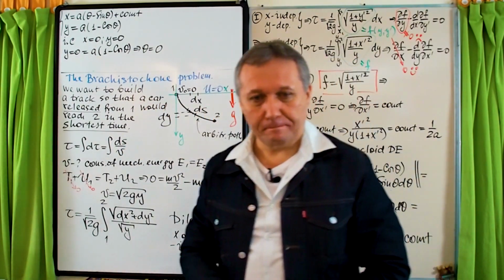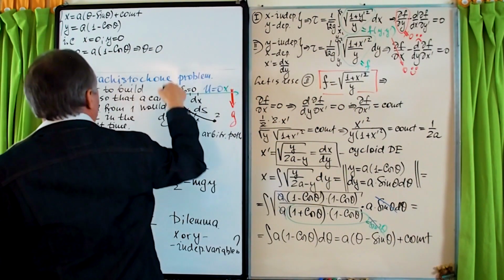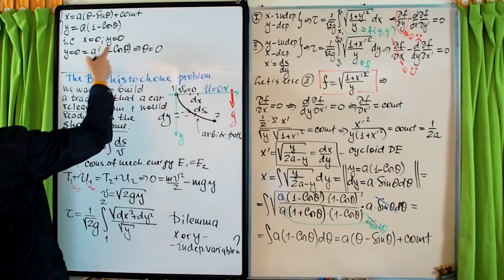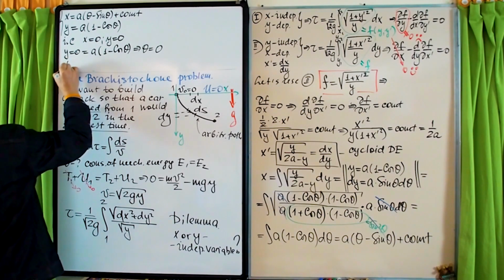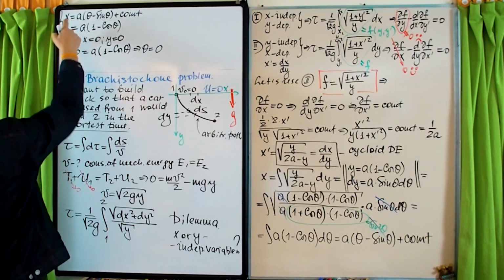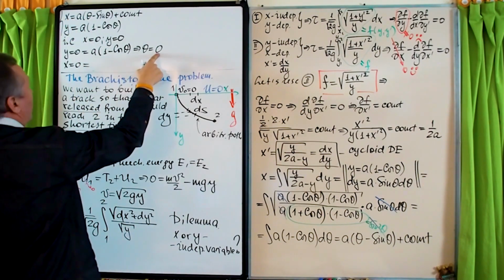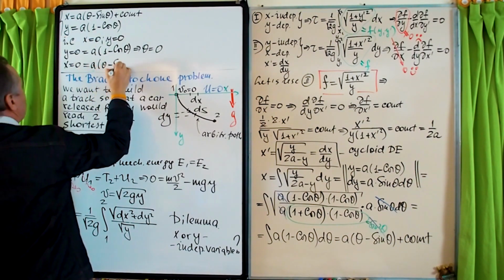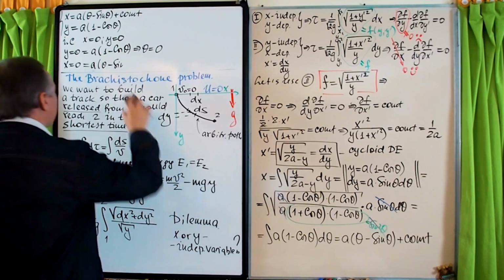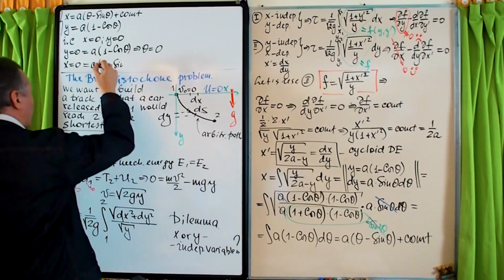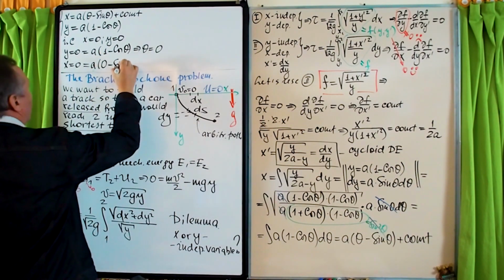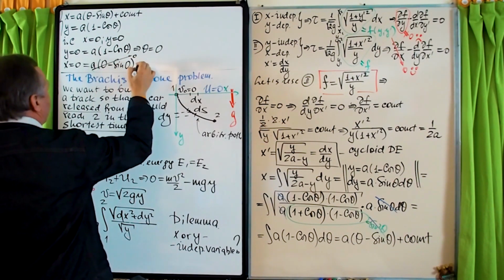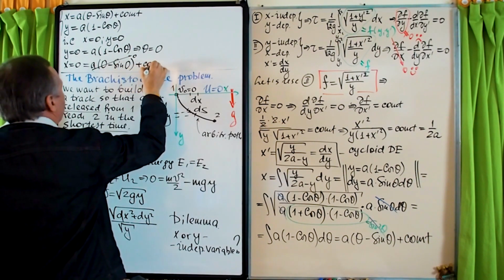Okay, so at point 1, theta equals 0, and now, of course, we should be able to find x. So x equals 0, right? Equals, and now we know theta, so a times 0 minus sine of 0, which is 0, plus the constant.